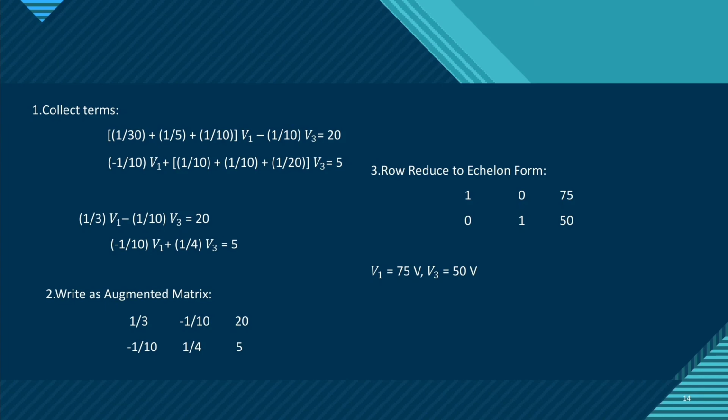Next, the engineer will reduce the matrix to row echelon form. From that, the engineer will get V1 equals 75 and V3 equals 50.